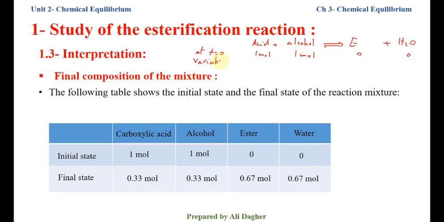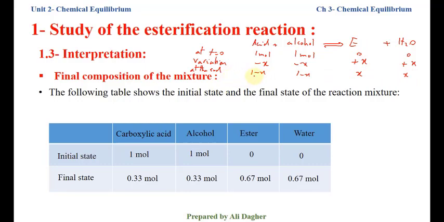Variation: the acid decreased by an amount X, and the same for alcohol because of the same stoichiometry, 1, 1, 1, 1. Ester increases by amount X, and water increases by amount X. At the end, if the reaction is complete, 1 minus X is the number of moles of acid left, 1 minus X the number of moles of alcohol left, 0 plus X, where X is the number of ester formed, the same for water, X.